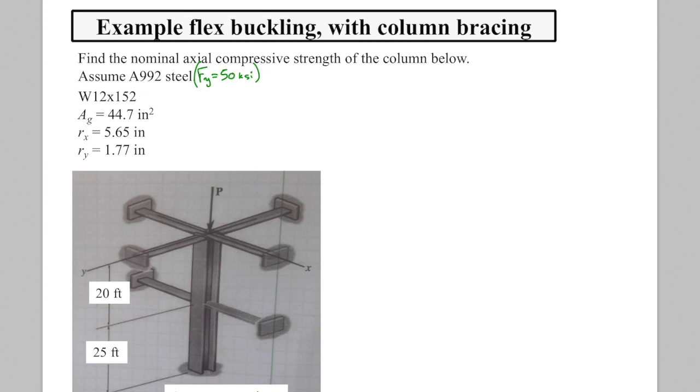Especially in this example, I need to know both rx and ry, because as you can see in the figure, I have a complicated set of different bracing applied to this column, and then potentially I could have different boundary conditions.